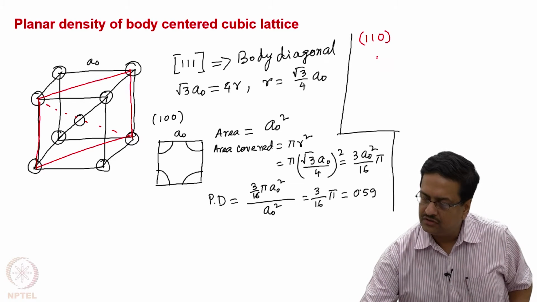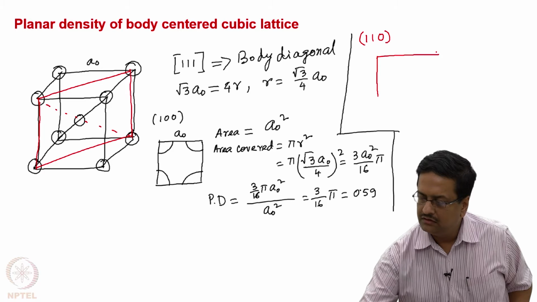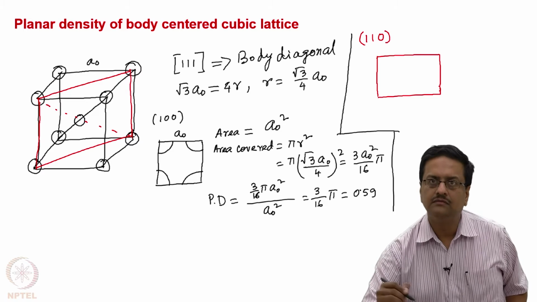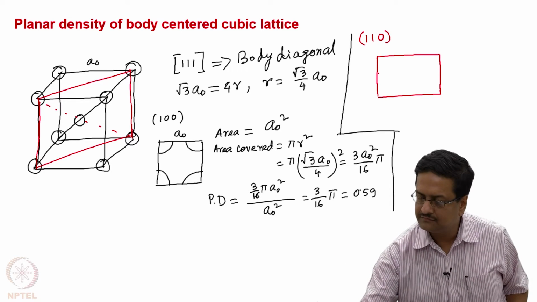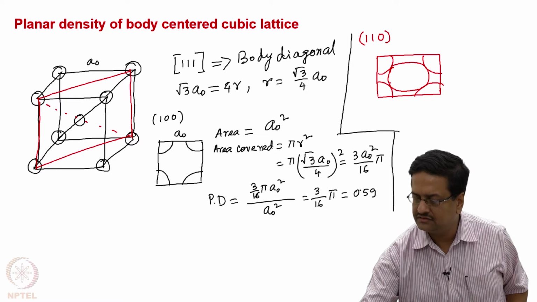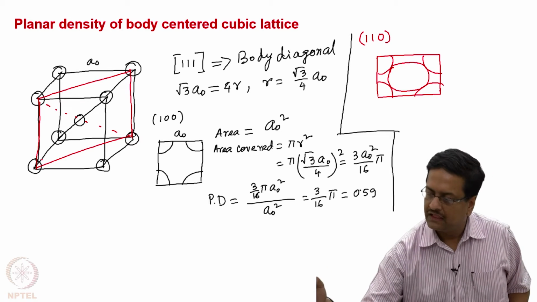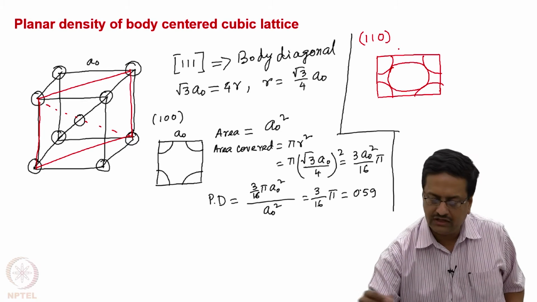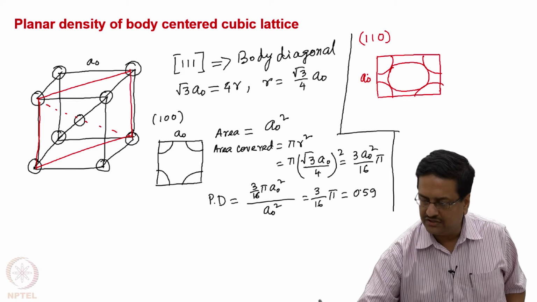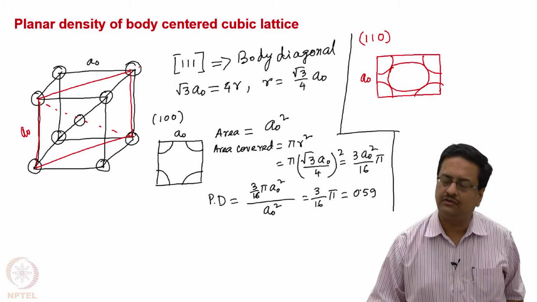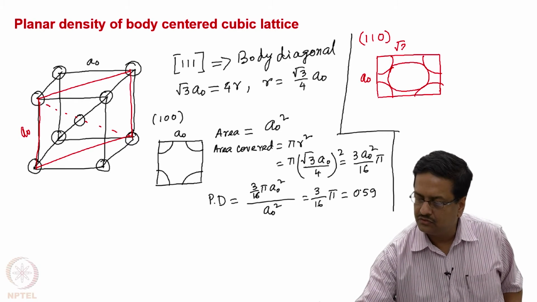So if we try to draw the 1 1 0 plane in the case of the body-centered cubic lattice, we would have 4 atoms at 4 corners, and the central atom would touch the 4 corner atoms along the body diagonal. One edge is A0, but the other edge is the face diagonal, which is root 2 A0.